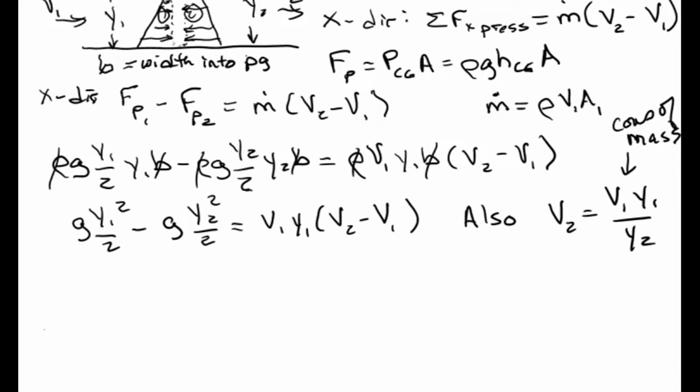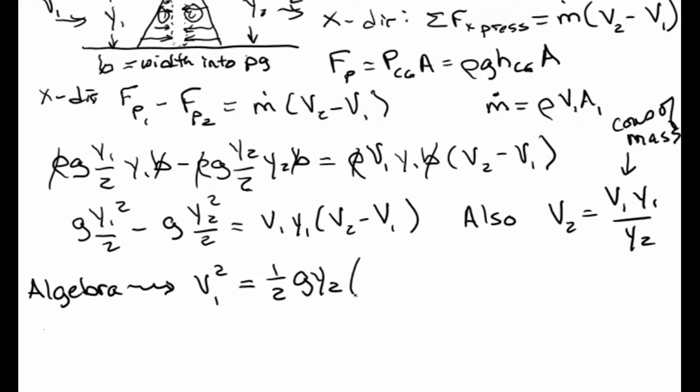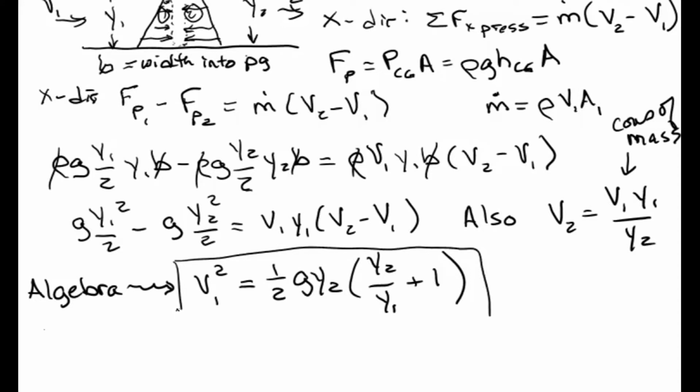And if I just rearrange, then all I have in my equation are y's and V1. So I'm going to just say algebra. And what you're going to get is an equation that is in our equation sheet. And that is V1 squared is equal to 1/2 g Y2 times (Y2 over Y1 plus 1). All right, a little algebra there. You got an equation on your equation sheet.